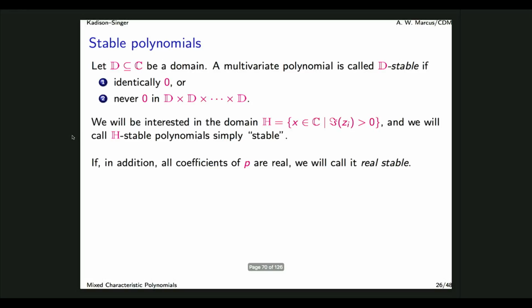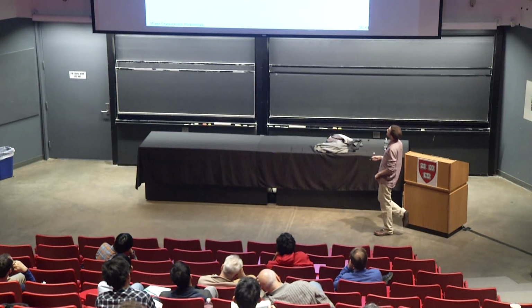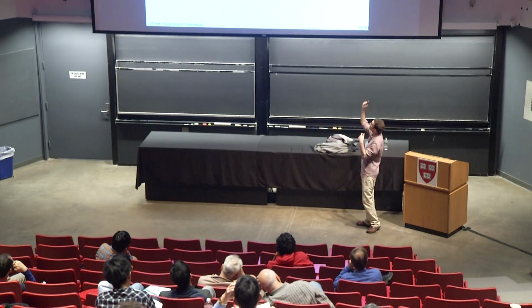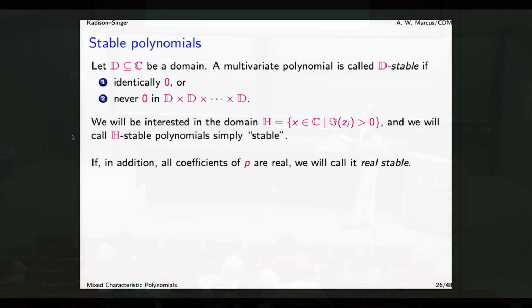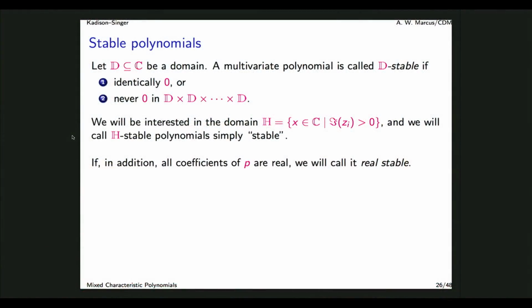And the domain we're going to be interested in is H, which is the half of the complex plane where the imaginary part is greater than 0. I'm just going to call those H-stable polynomials simply stable, so I don't have to write H every time. And if in addition all of the coefficients of P are real, then we'll call it real stable.